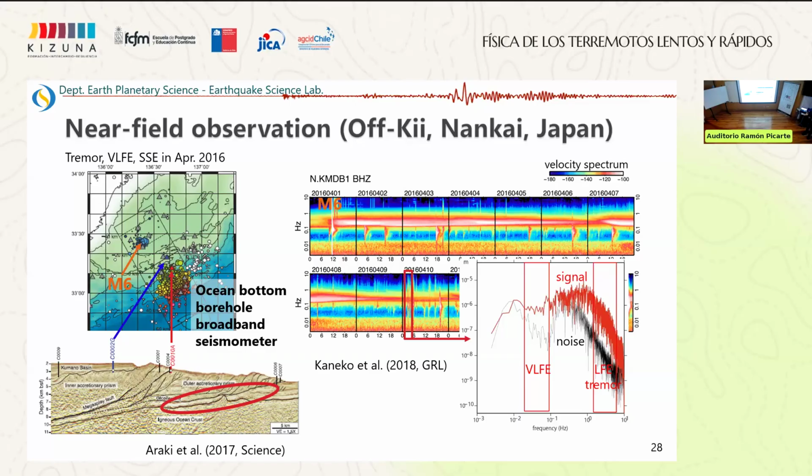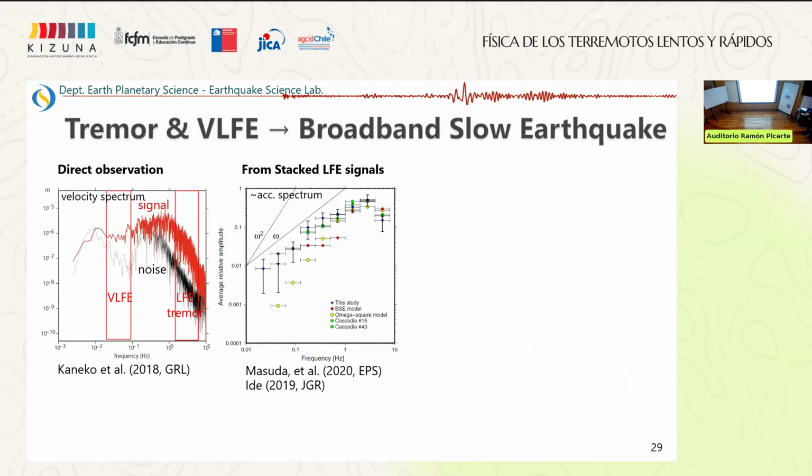This is direct observation. We can also measure the strength of signal indirectly by stacking a lot of data. By stacking a lot of events, we can measure the amplitude level of signal between the VLFE range and the tremor range.